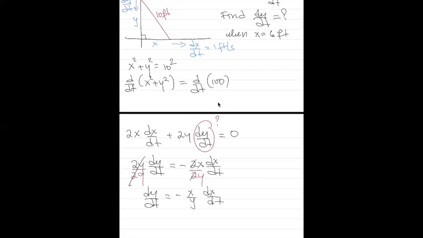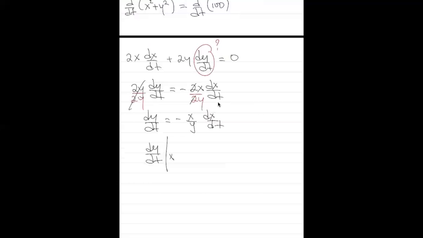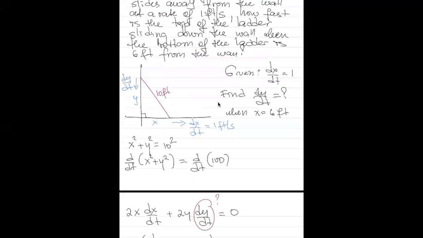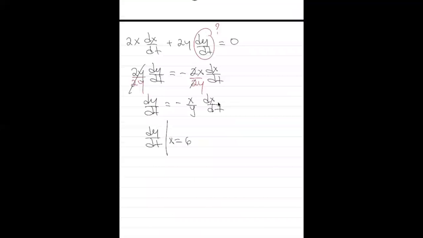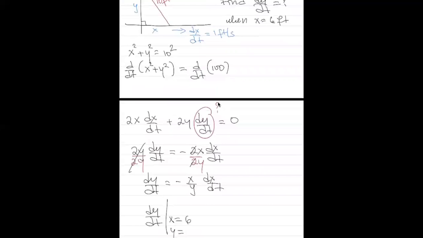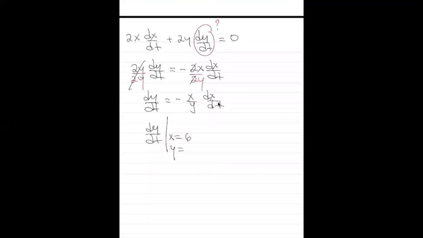Evaluate dy/dt when x equals 6, that's given. What is y? If x equals 6, we have this picture again, a right triangle, with x and y changing but the hypotenuse always the same. So we have the Pythagorean theorem.